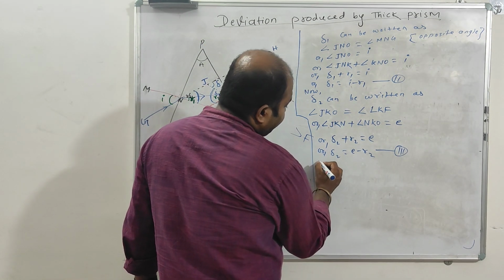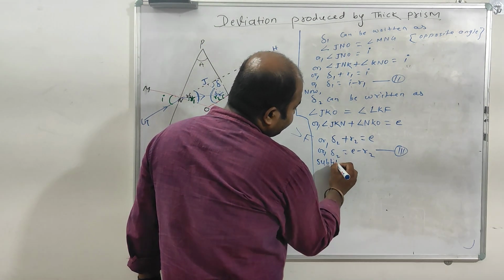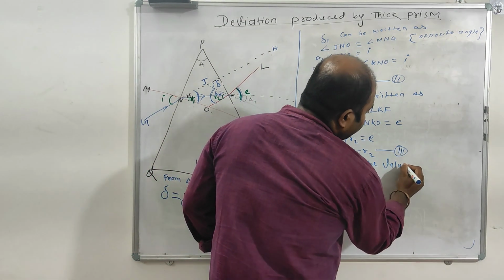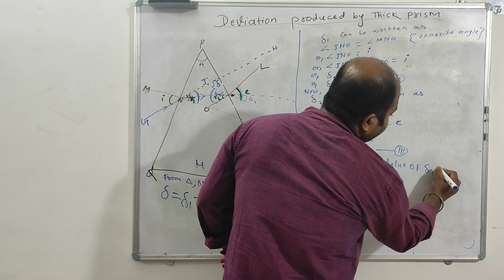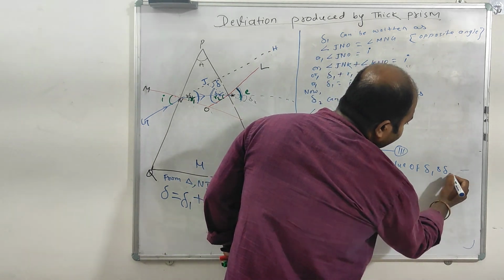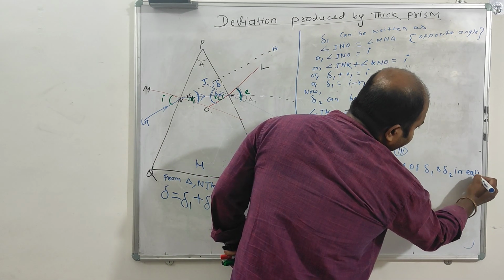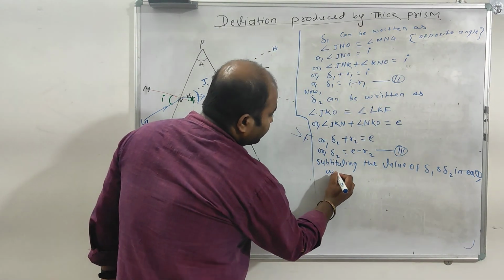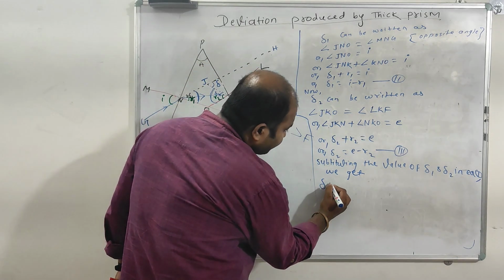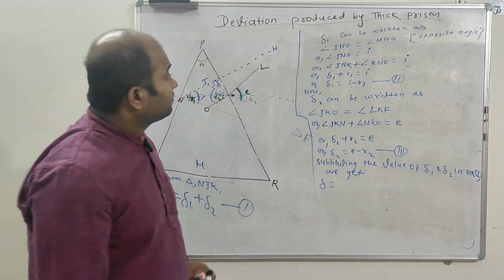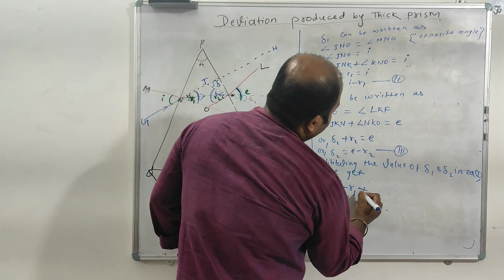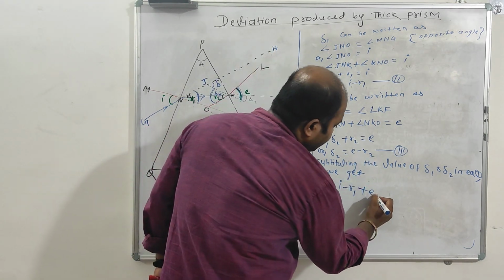Now substituting the values of del 1 and del 2 in the equation, we get del equal to I minus R1 plus E minus R2.